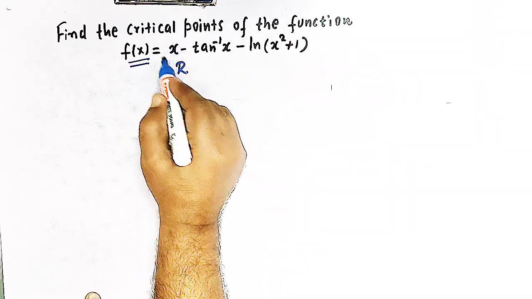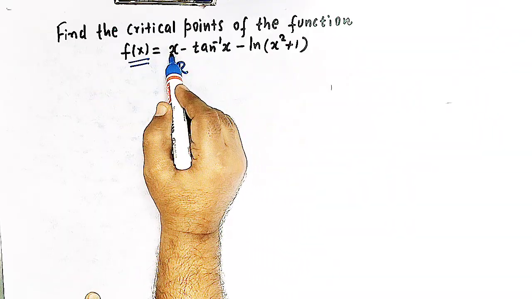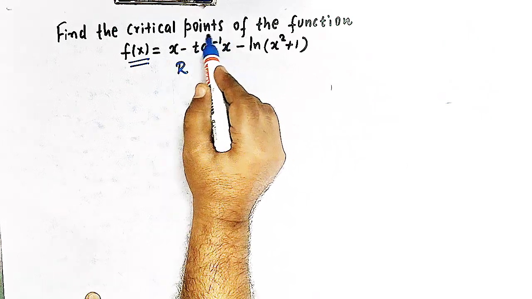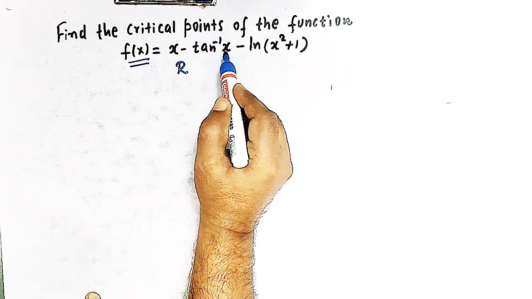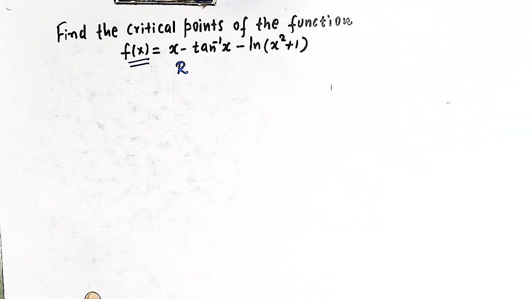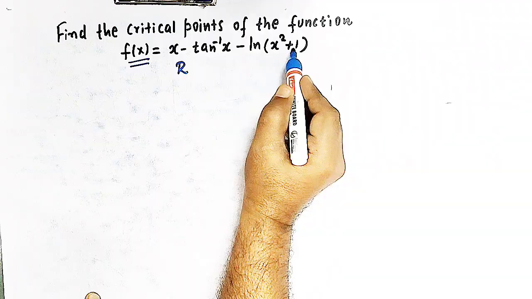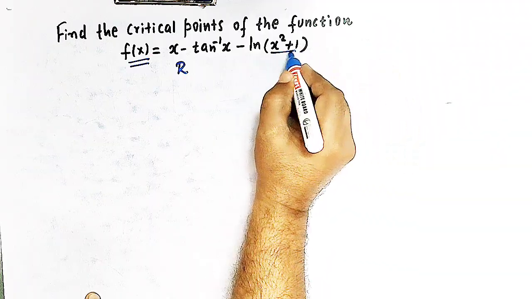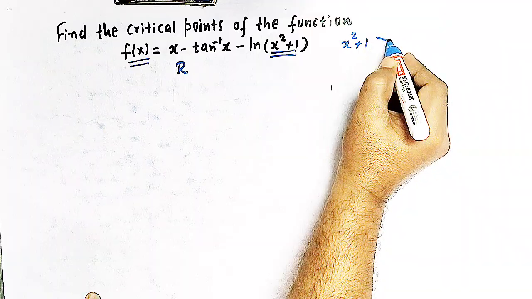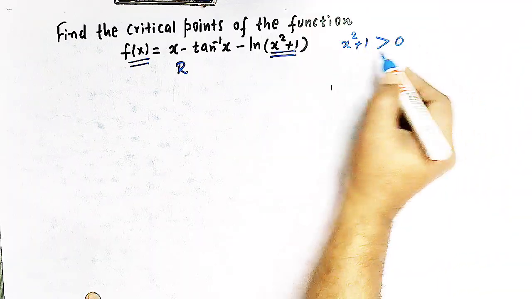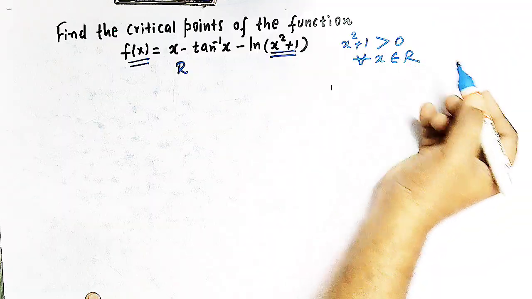So this polynomial function x is defined for all real numbers, and we know that the domain of tan inverse x is the set of all real numbers, and here we have natural log of x square plus 1, and since this term, x square plus 1, is always going to be greater than 0 for all x belonging to R, right?